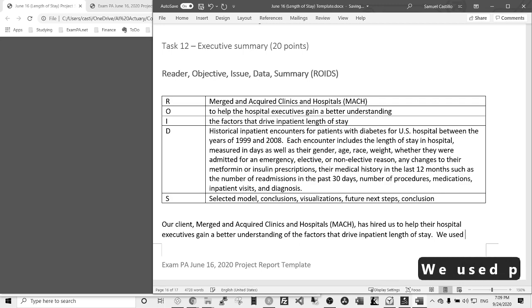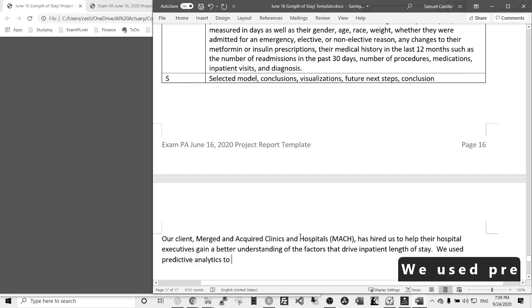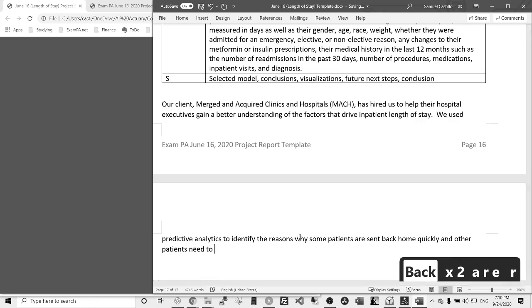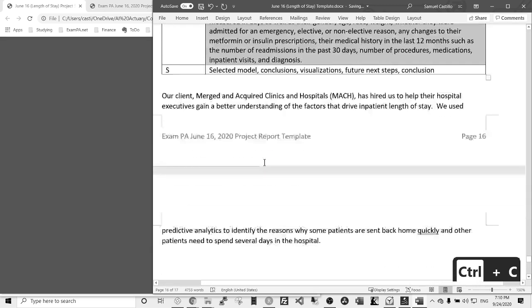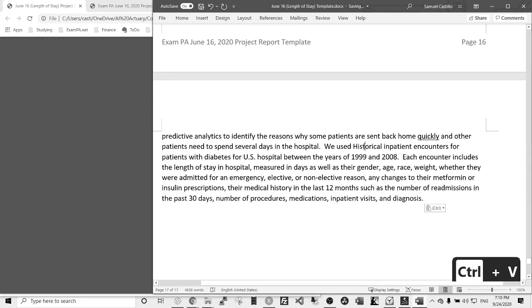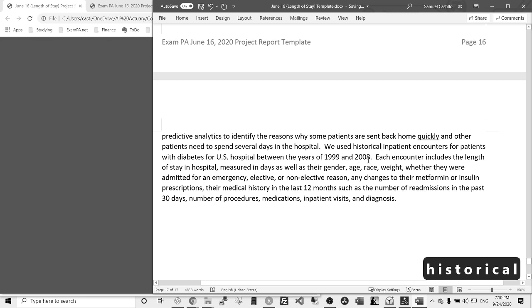We used predictive analytics to identify the reasons why some patients are sent back home quickly and other patients need to spend several days in the hospital. So we used historical inpatient encounters for patients with diabetes between the years 1999 and 2008, et cetera.